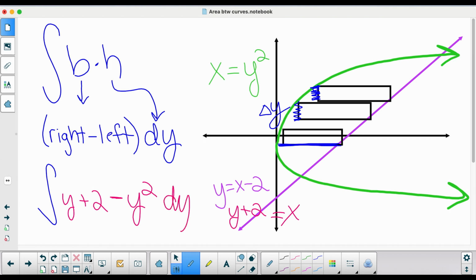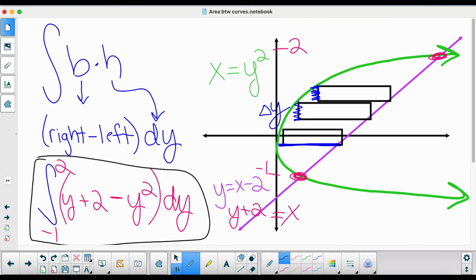And then we have dy. So now you're looking for your intersection points, and you need your y value intersection points. So your y value down here is -1, and over here, this y value is up here at 2. So you're going to have -1, 2. This would be your answer for your function.